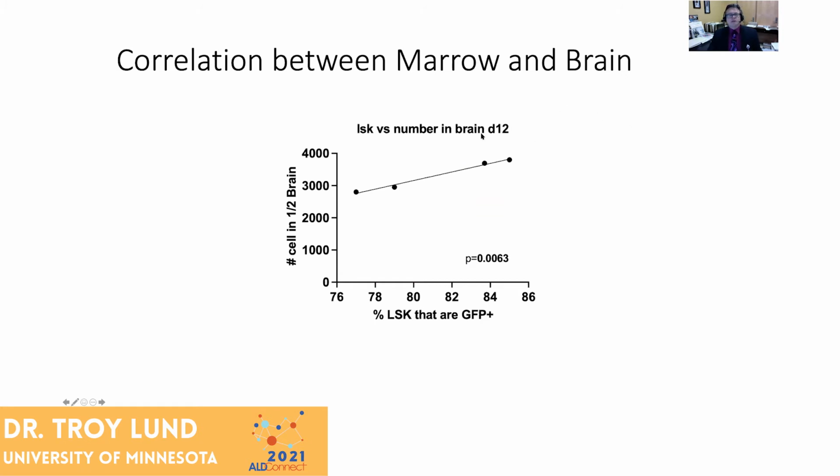I tried to correlate marrow engraftment and brain engraftment to see if one would predict the other, and it was very difficult. I'm showing you one singular graph that was statistically significant, and that was percent of LSK bone marrow stem cells that were GFP positive, or green, versus the numbers of cells in the hemisphere at day 12.